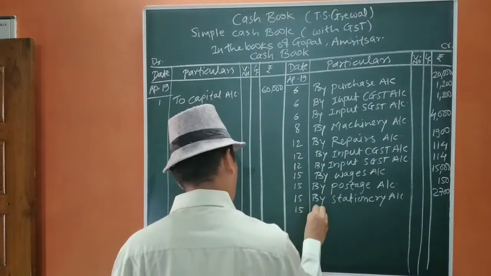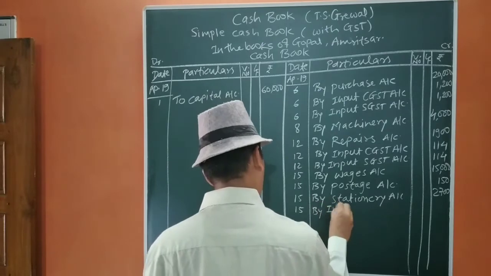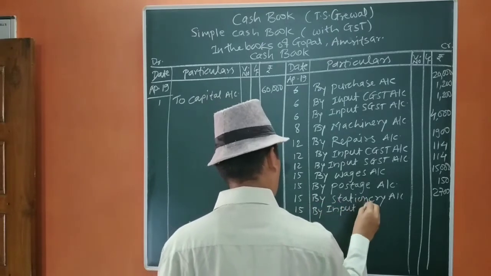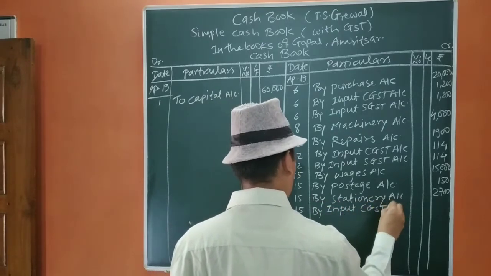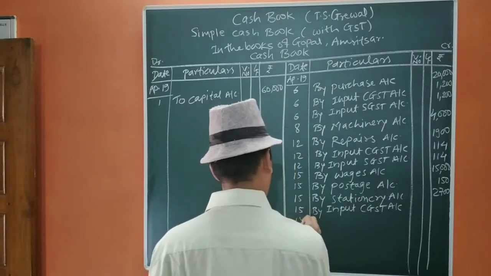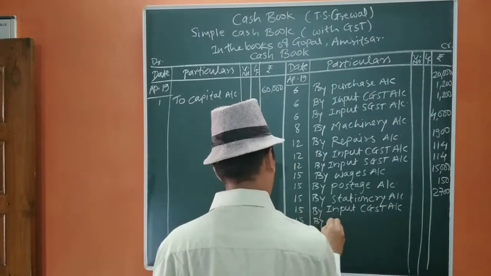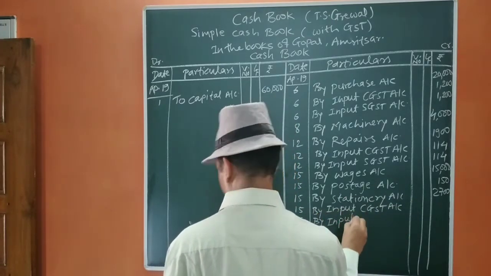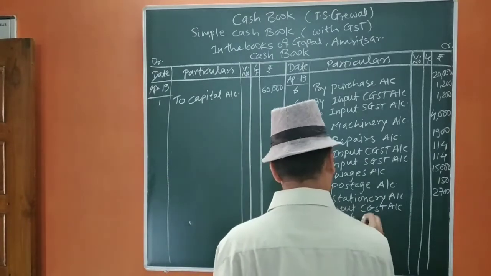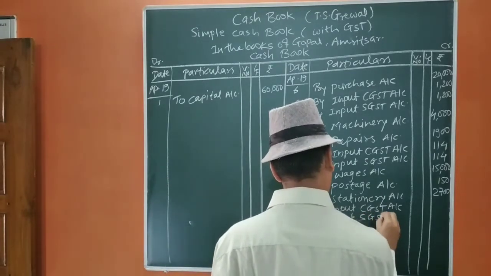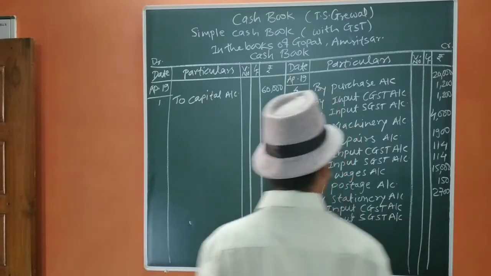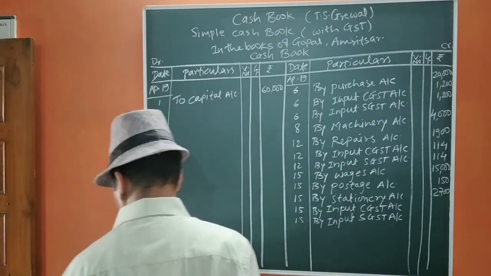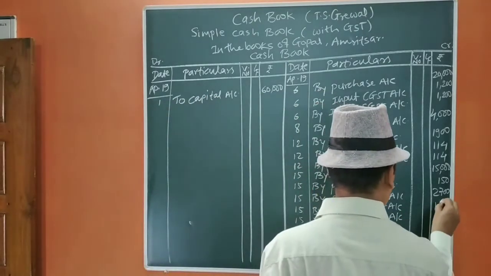So by input CGST account, by input SGST account, the amount is 162.